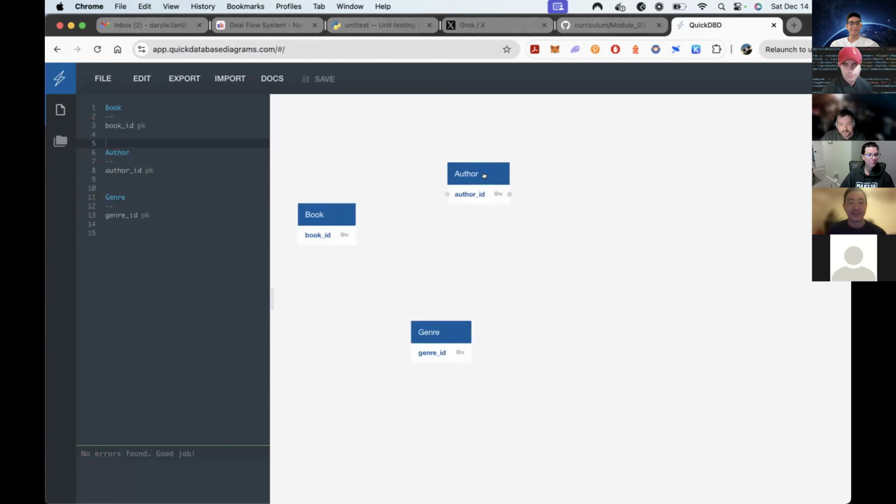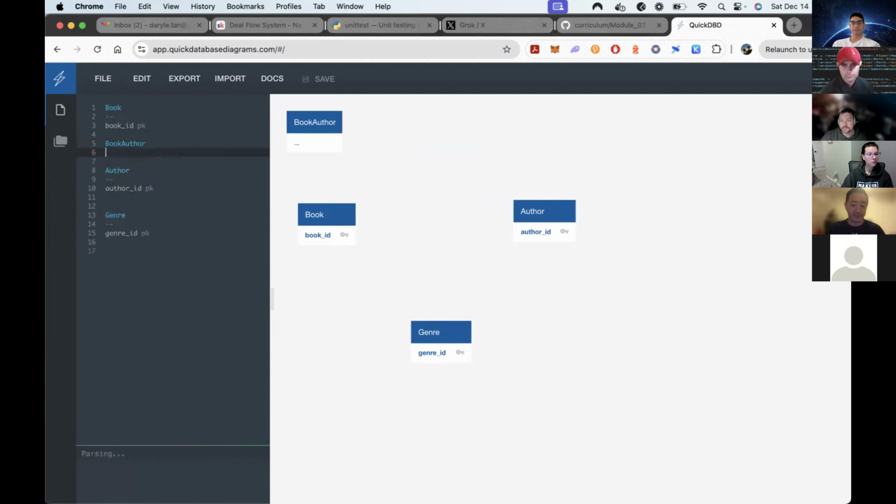Okay, cool. So now that that technical difficulty is out of the way, we are going to need to create a table to connect book and author. Just call it book author. Usually when we make those sorts of tables, the general rule is that you combine the names of the tables together.